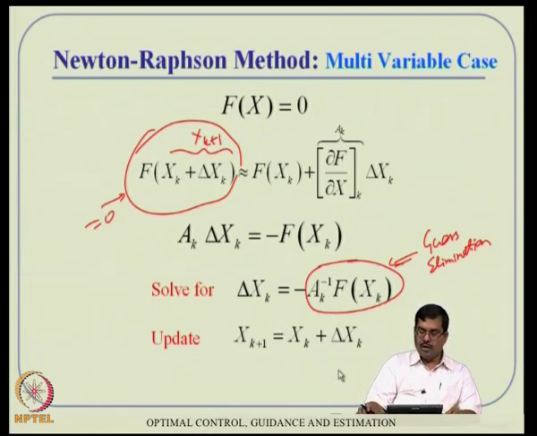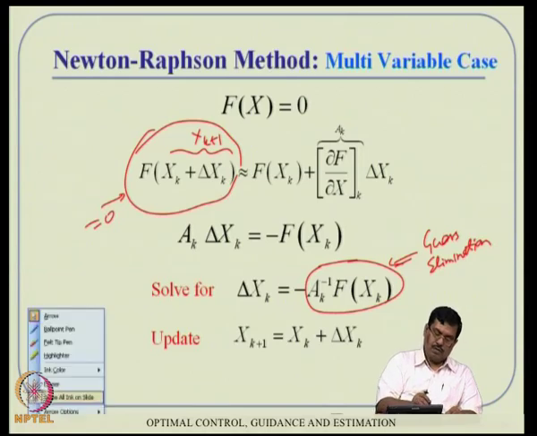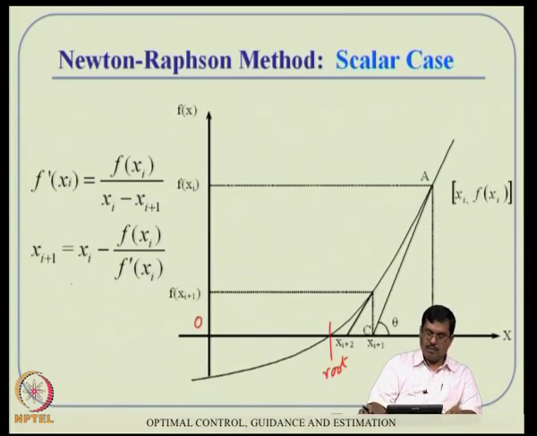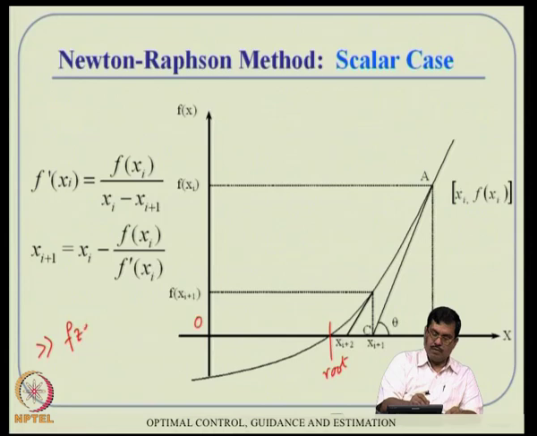And remember, in MATLAB, those of you who are using it, you will be using it for the scalar case. You do not have to do all this yourself. If you want, you can do it. Otherwise, in MATLAB there is a function called fzero. If you use this fzero function, it will try to find a solution around the guess value that you have to give.